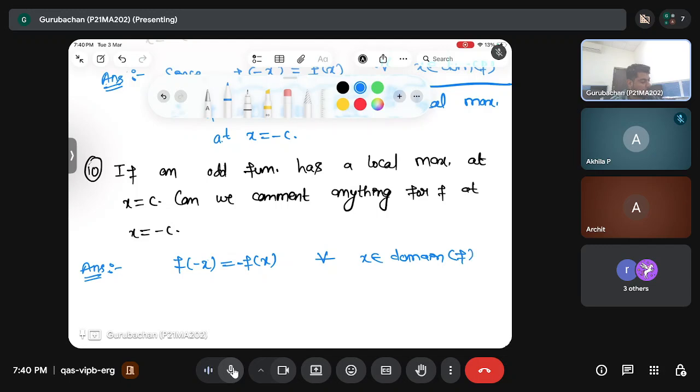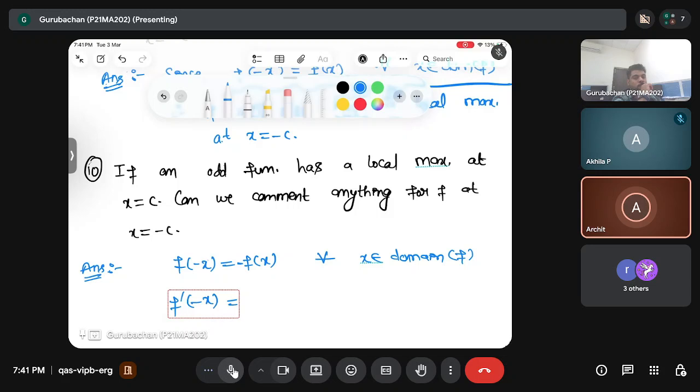So you were asking about the proof. If you will see, f dash of minus x will be, tell me. Sir, minus times of f dash x.